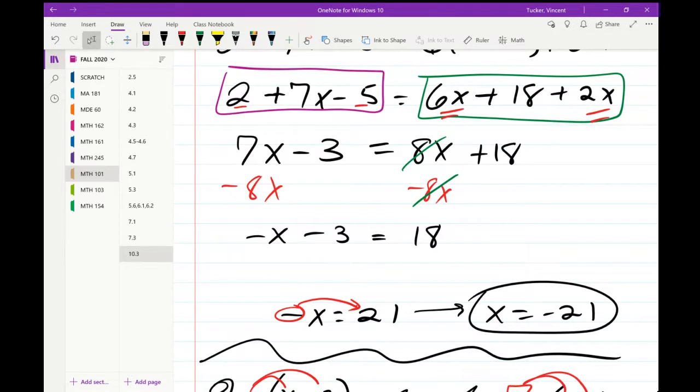Then to finish it off, I added 3 to both sides. The 3's cancel on the left, leaving me with negative x equal to 21. Then to get the negative off of x, you send the negative to the other side. So x is equal to negative 21.